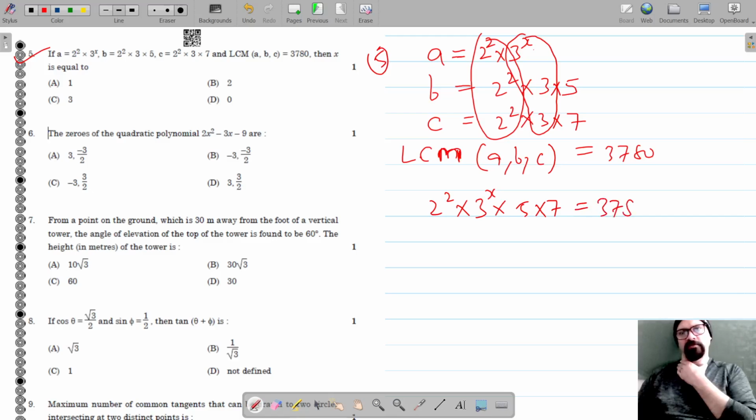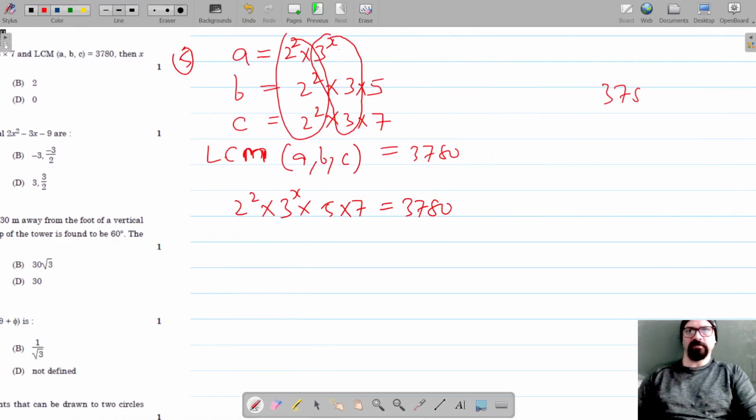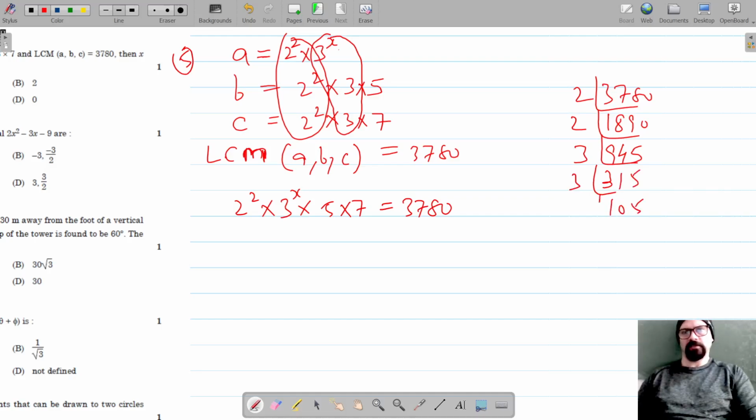So this is 3780. Now if I factorize 3780, 2 1s are 2, 2 8s are 16, 2 9 0, 2 9s are 18, 2 4s are 8, 5, and after that 3, 3 3s are 9, 3 1s are 3, 15, 3 105, 3 3s are 9, 3 15, and it is 5 into 7.